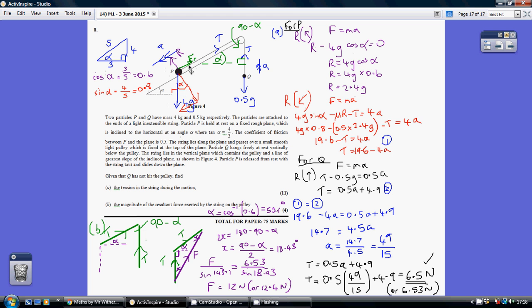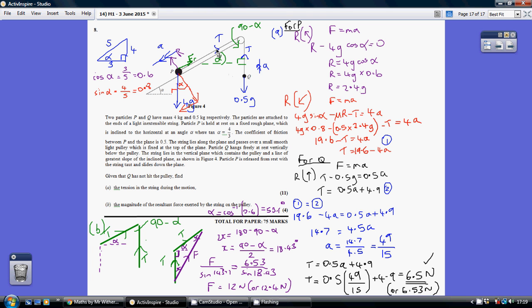Going up the slope, I've got the friction, and remember, friction equals the coefficient of friction times the normal reaction. I'm told that the coefficient of friction is 0.5, and I've worked out the normal reaction to be 2.4g, so that is taking away my friction component, and I also need to take away the tension.